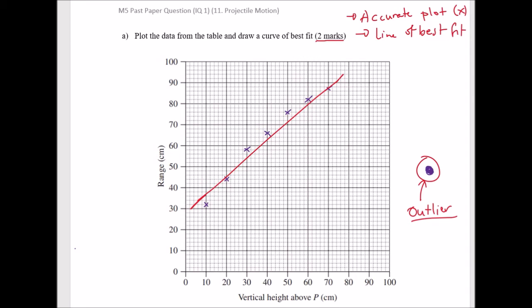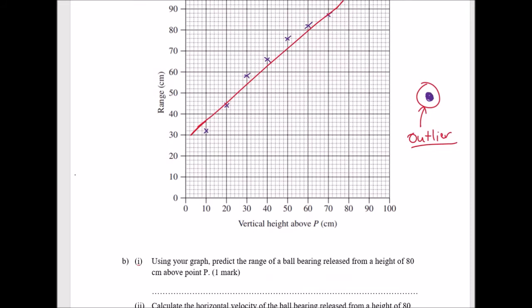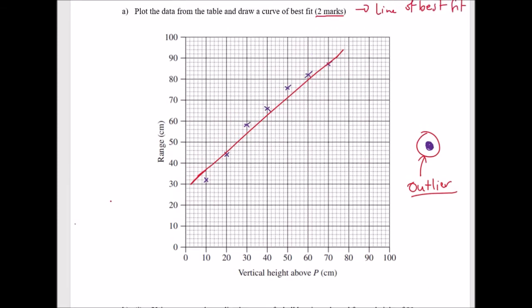Okay, so question bi says use your graph to predict the range of the ball bearing released from a height of 80. So this is kind of the reason why I would encourage you to try and draw the lines a little bit longer, along there like that, because that's aimed towards telling you how far you predict, or what we call an extrapolation, how far you think it might go.